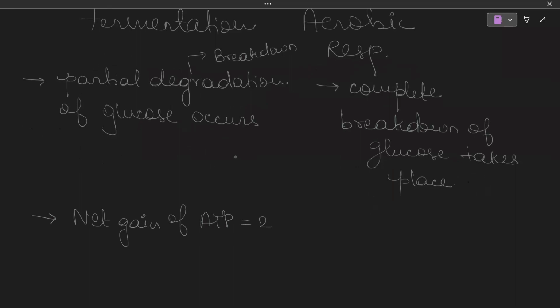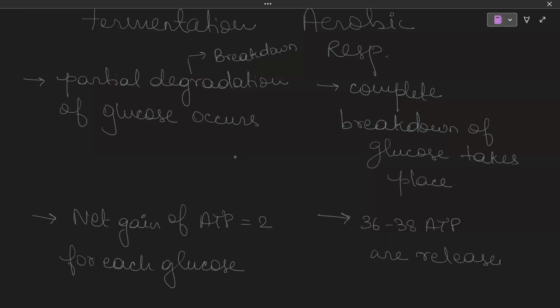For each glucose, we have 2 molecules of ATP synthesized. Talking about aerobic respiration, 36 to 38 ATP are released, because we just saw the respiratory pathway, right?